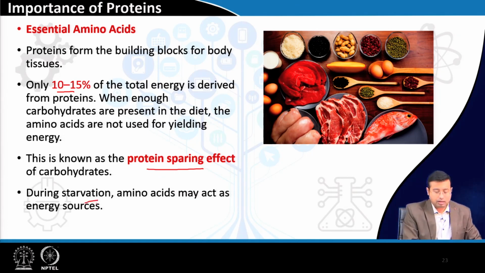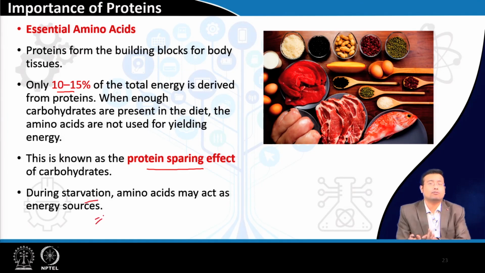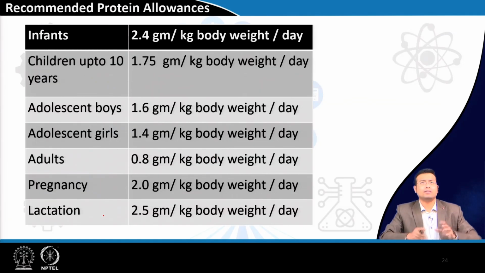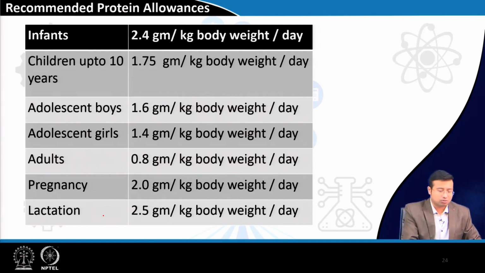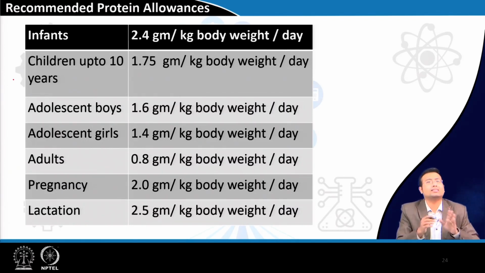However, during starvation, amino acids may act as energy sources, which has already been discussed, because starvation metabolism has been discussed in detail. This is a chart showing recommended protein allowance among various age groups and special cases: children up to 10 years, adolescent boys, adolescent girls, adults, pregnancy, lactation.